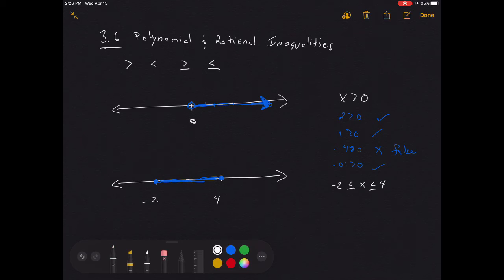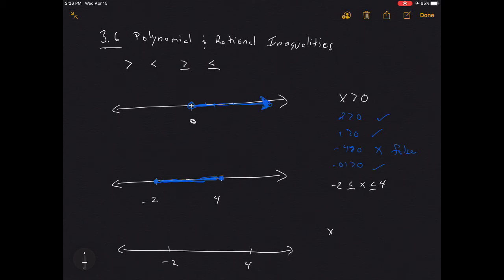And then one more, and then we'll actually get to our examples for polynomials and rational functions. So let's say that instead of being in between -2 and 4, I want x to be less than -2, or I want x to be greater than or equal to 4.